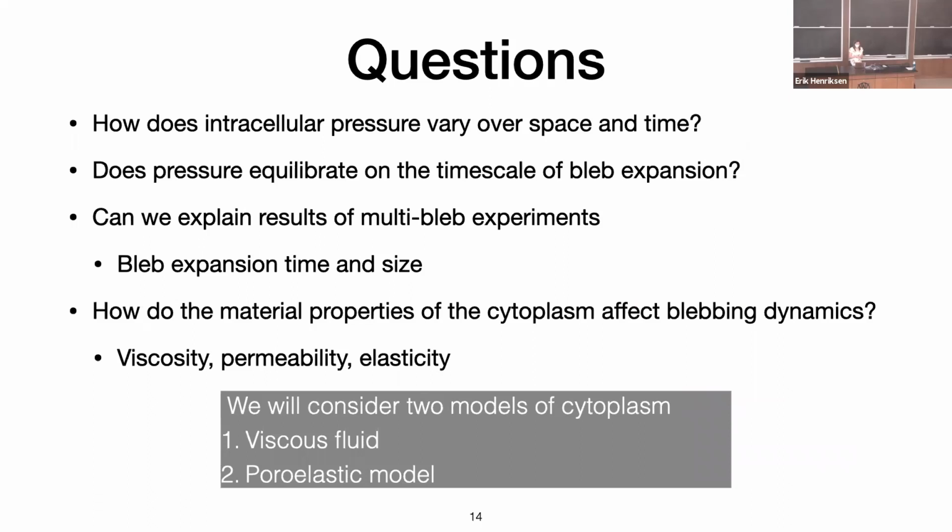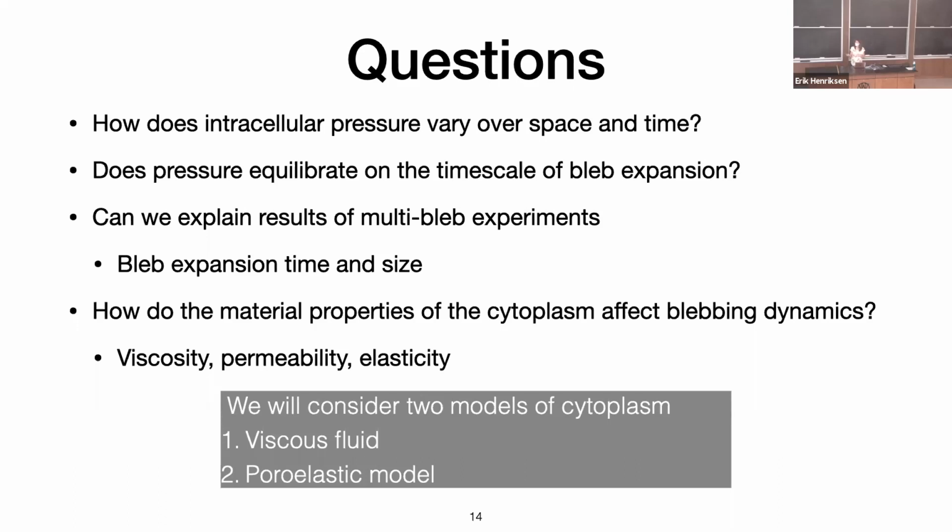Okay, and so some of the questions we want to address with a mathematical model: how does intracellular pressure vary over space and time? Does pressure indeed equilibrate on the time scale of bleb expansion, so about 5 to 30 seconds? Could we explain how in multi-bleb experiments you can get that the second bleb is about 30% smaller than the first bleb?